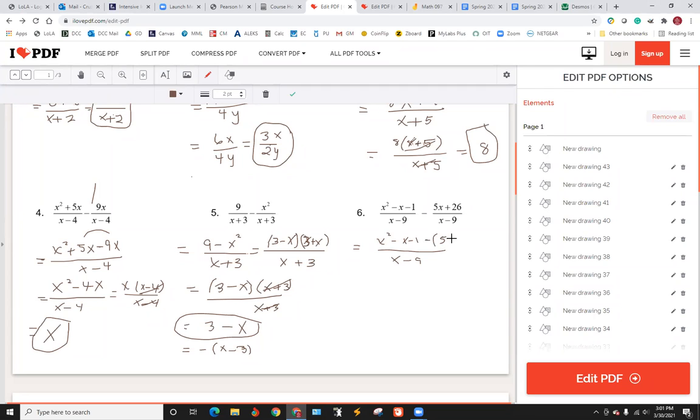If you need to put this in, you put it in, because generally what ends up happening is people will negate the 5x, but not the second value, especially if it's negative. They'll think that that's already done, and it's not. You've got to apply that negative sign to everything there.